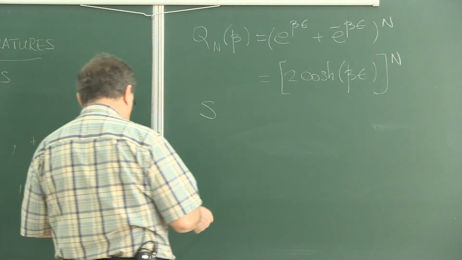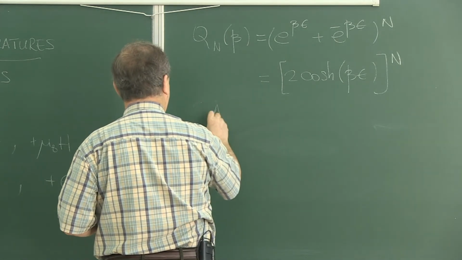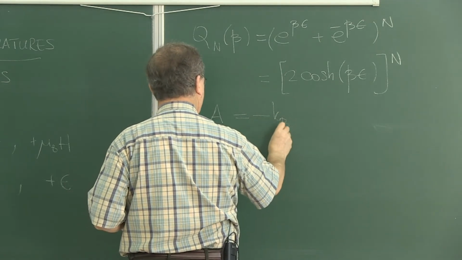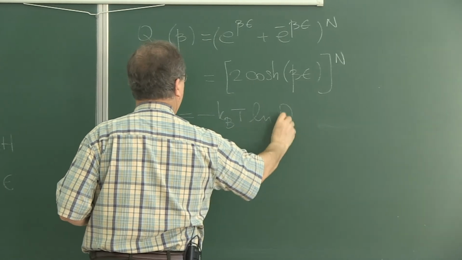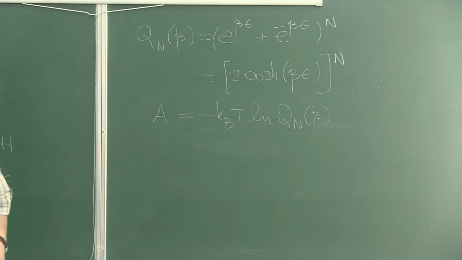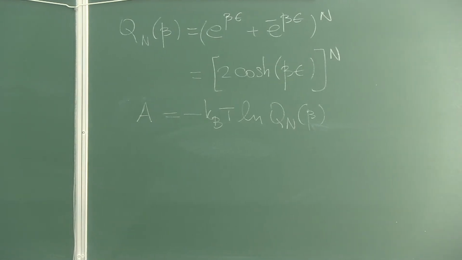Let's start with the Helmholtz free energy, A, which is minus kBT ln of the partition function. Since epsilon is constant and beta is 1 over kBT, your partition function depends on temperature only, isn't it?